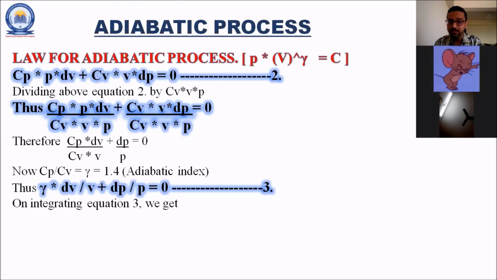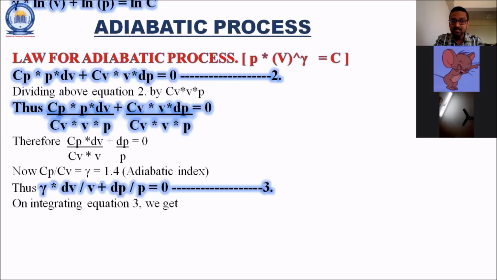Dear friends, remember in this integration, this is a simple integration. We need not mention the limits of the integration. Whenever we are integrating, we can write gamma integration dv by v plus integration dp by p is equal to integration 0.